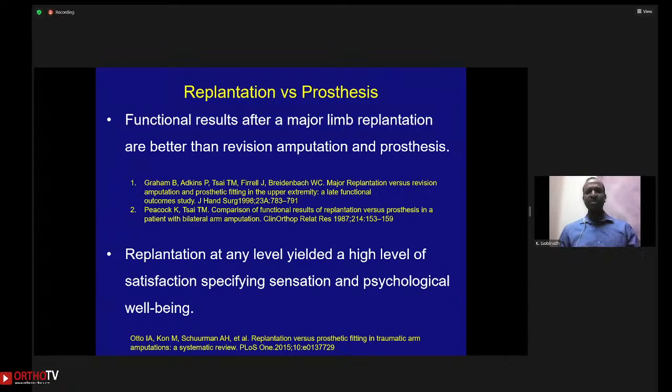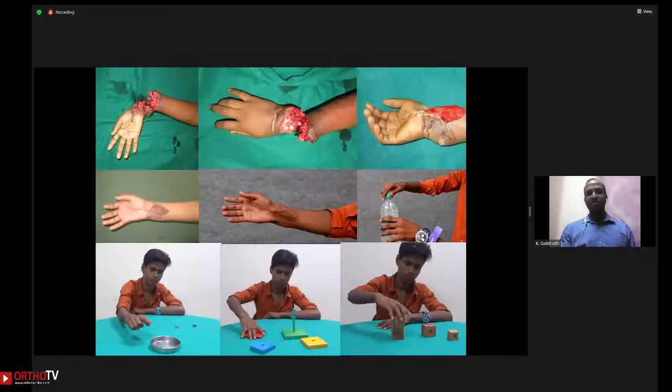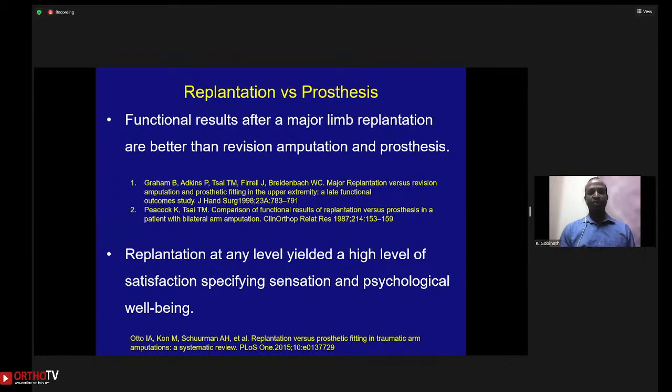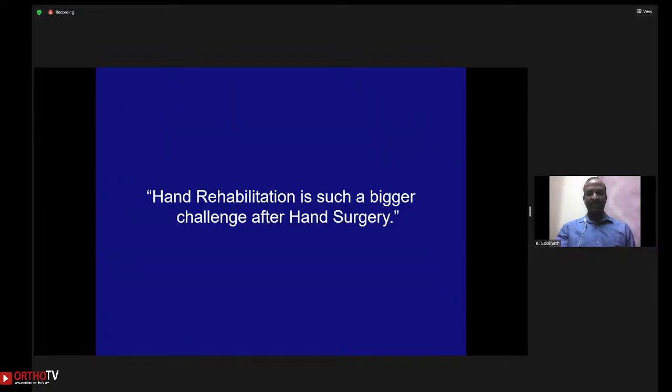Many papers support the functional outcomes of replantation over prosthesis. Replantation at any level yields a high level of satisfaction, especially regarding sensation and psychological well-being. They use their own limb, so that matters. Most of the articles support replantation rather than prosthesis and revision amputations.